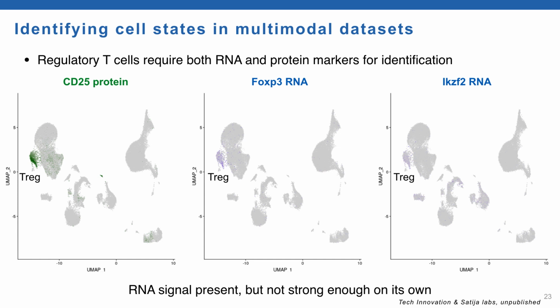And you can see probably why this is the case: although CD25 nicely highlights these cells, both FOXP3 and Ikaros, two very canonical markers of these cells, their expression is clearly enriched at the cluster level, but at the single cell level, it's not strong enough. So the RNA signal is present, but it's not strong enough on its own.